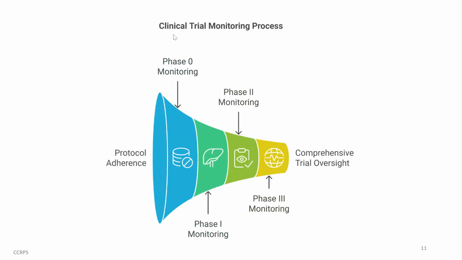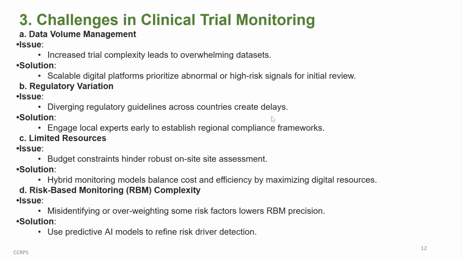Here, a nice diagram about the clinical trial monitoring process, starting from protocol adherence and ending with comprehensive trial oversight. We have phase 0, phase 1, phase 2, and phase 3 monitoring, and of course phase 4 monitoring, which is post-marketing surveillance.